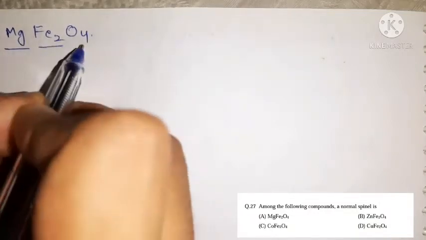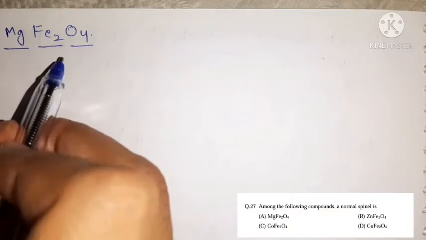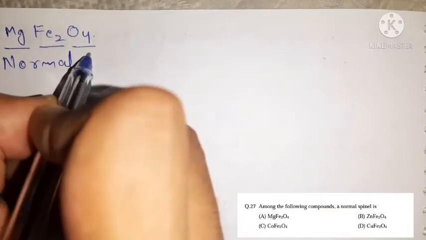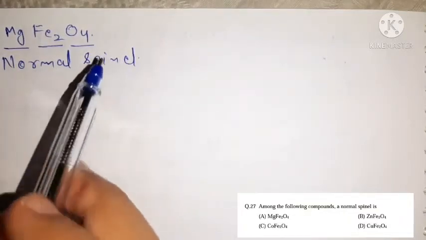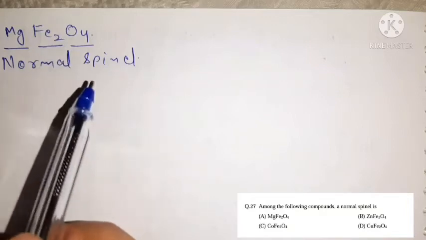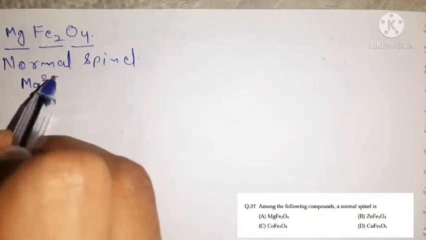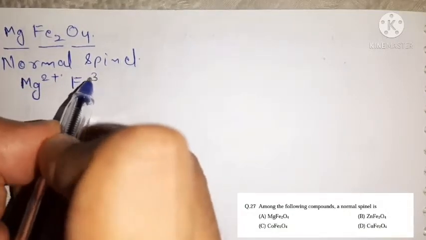In this case, MgFe2O4, when we take it as a normal spinel, all divalent cations are present in tetrahedral holes and all trivalent cations are present in octahedral holes.